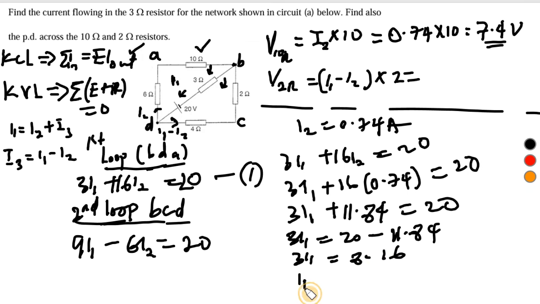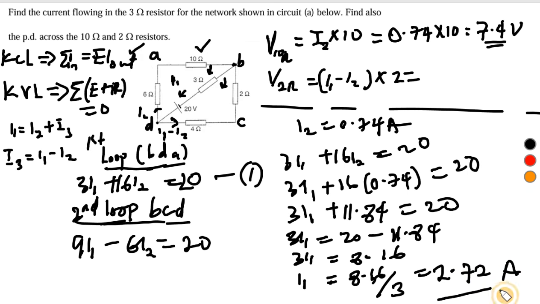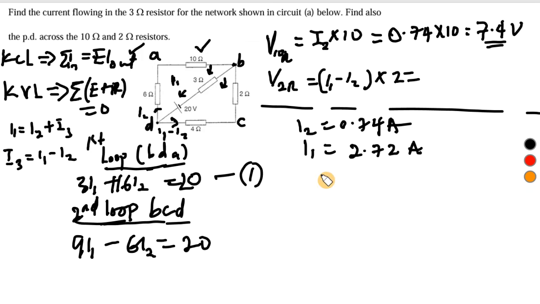You quickly see that I1 will be 8.16 divided by 3, and this gives us 2.72. So I1 is 2.72 ampere. So we can quickly solve for I3, which is I1 minus I2. That is the current that flows through this side.